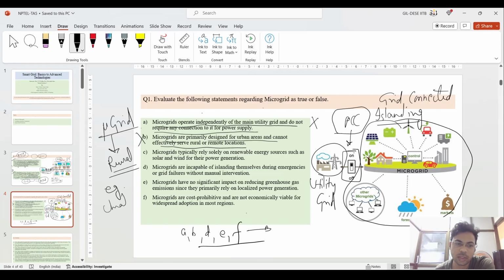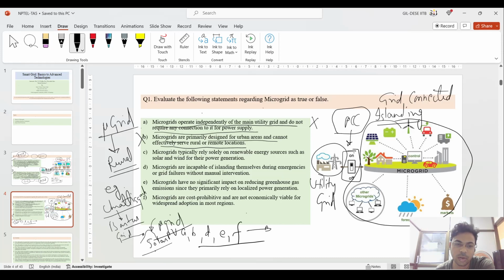For example, in Chhattisgarh, in the rural Bastar area and the lower region, the Dantewada region, there are mountainous regions with many trees. To place wires or provide electricity to those villages, you have to connect with the utility grid. So that is not possible.